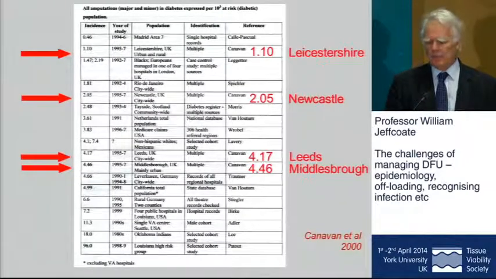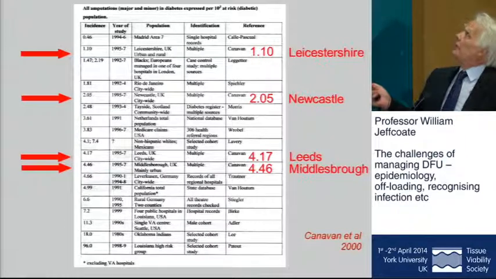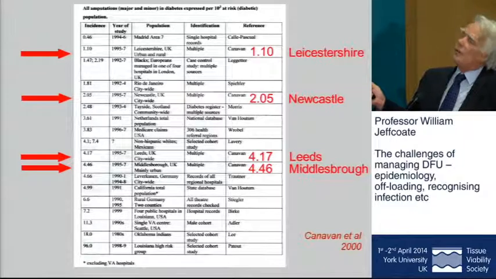There was a study published in 2000, looking at incidence of amputation around the world. These are major and minor amputations together, and there were 4 UK centres. And you can see that amongst these 4 UK centres, the incidence of amputation as defined in this particular study varied 4-fold.